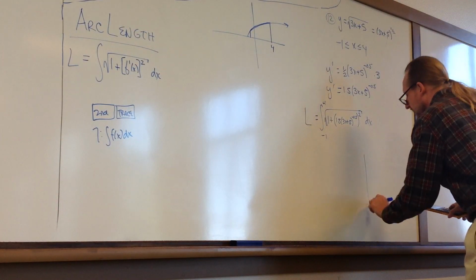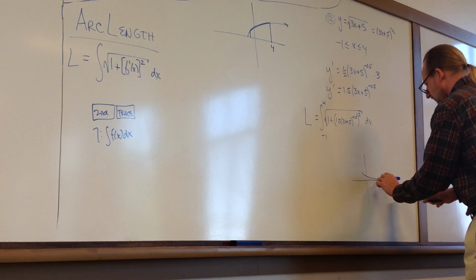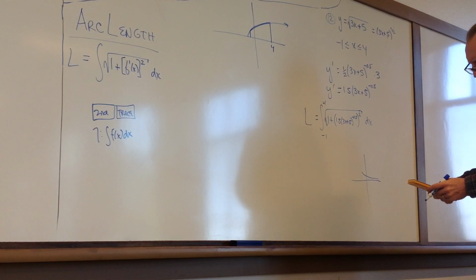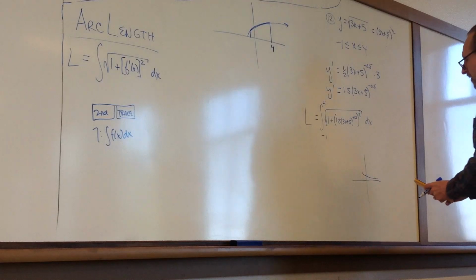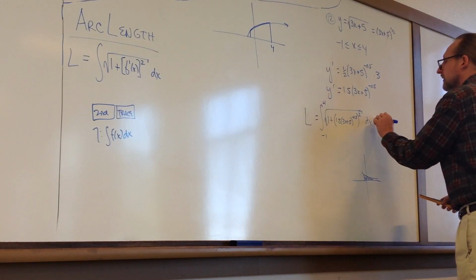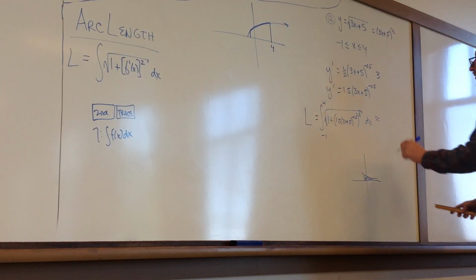And let's see, what does this graph look like? Something like this. And so then if we want to find our integral between -1 and 4, then you'll see the shading under there like this. And then we'll get our answer there, about 5.73.